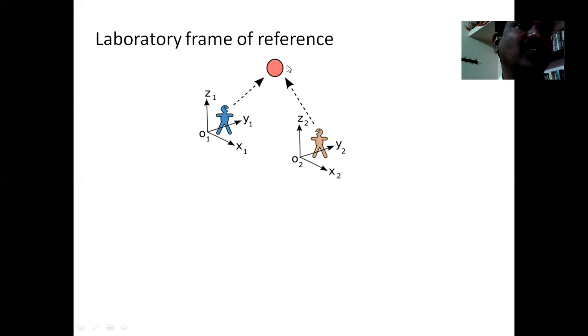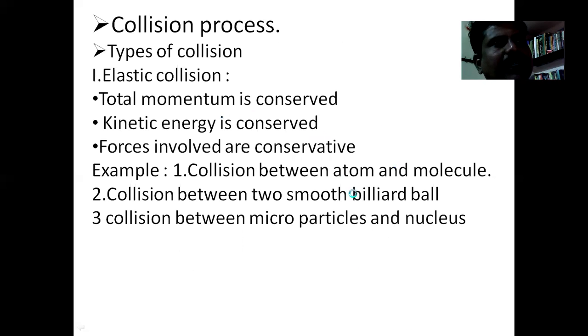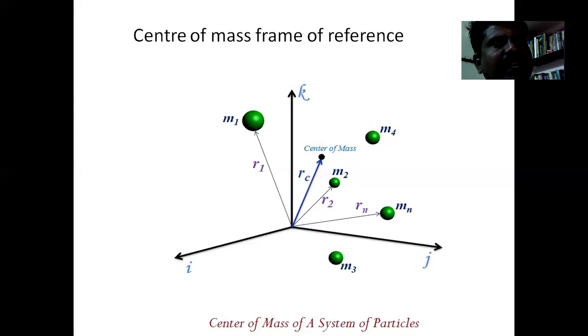In order to describe the event taking place as a red spot, these two persons specified certain coordinates. Those coordinates give the complete information regarding that object. So these two frames are nothing but the laboratory frame of reference. Next, this is regarding the center of mass frame of reference.